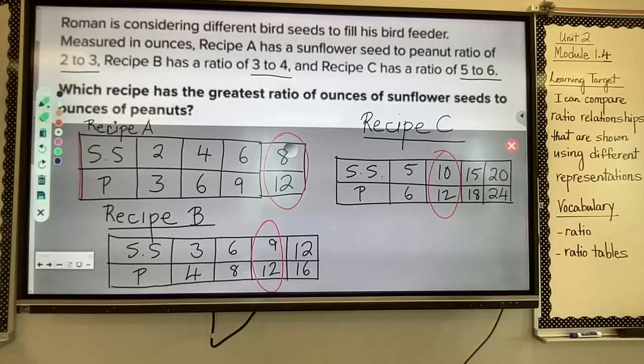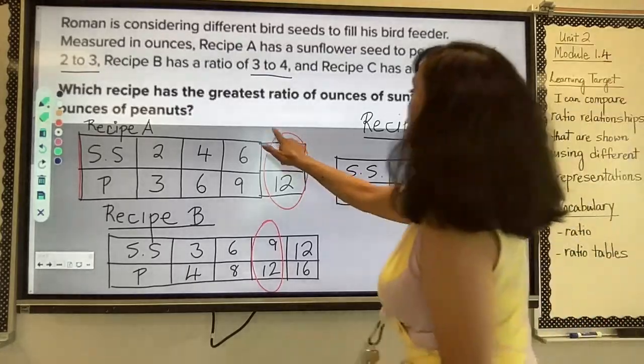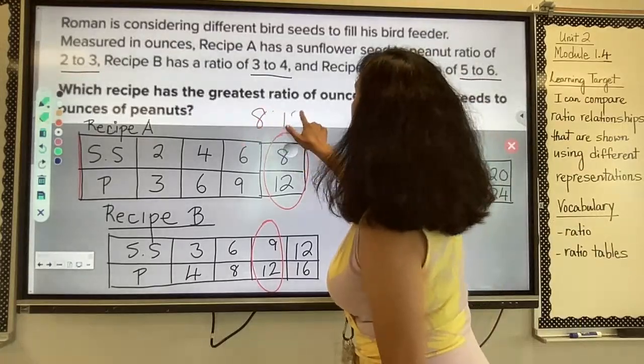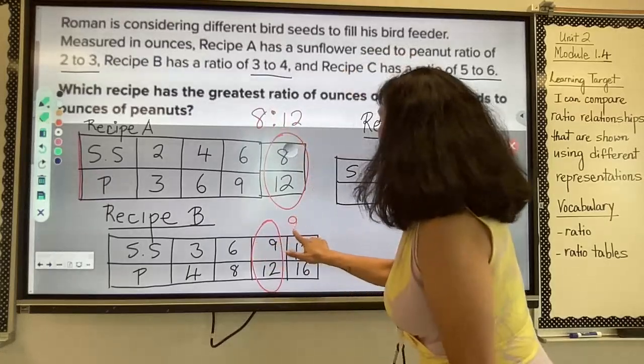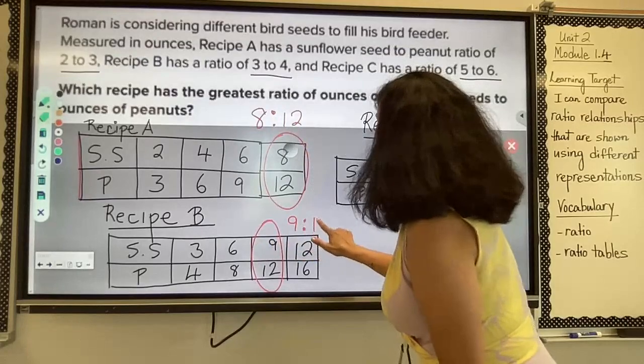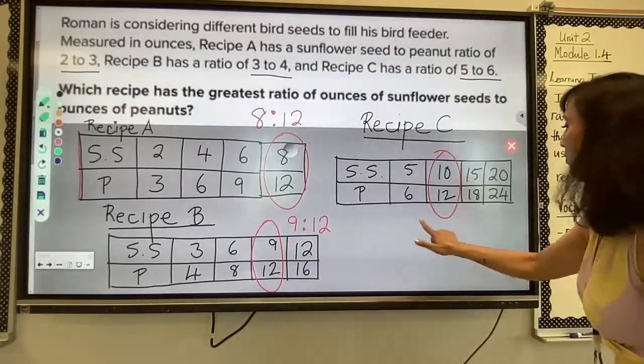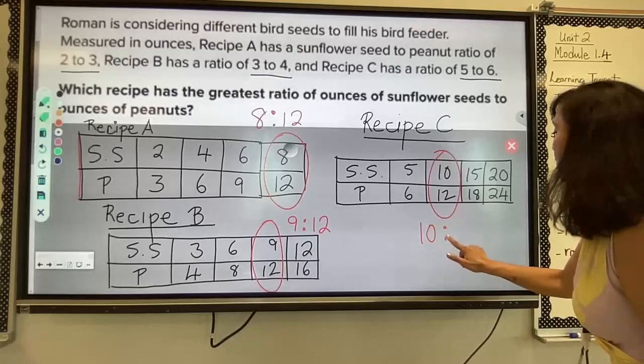Okay, so now that I've circled that, you can see recipe A, what is my ratio? 8 to 12. What is my ratio in this one? It is 9 to 12. What is my ratio here in recipe C? 10 to 12.